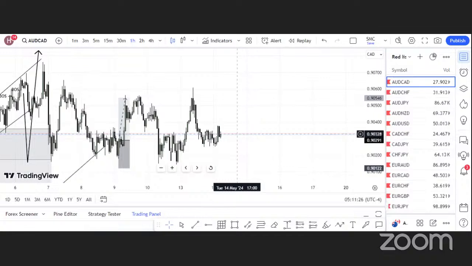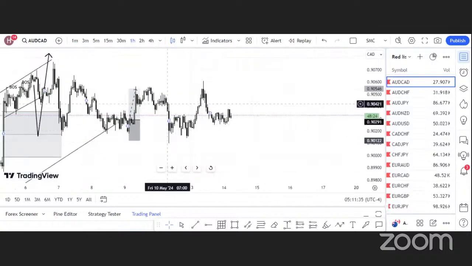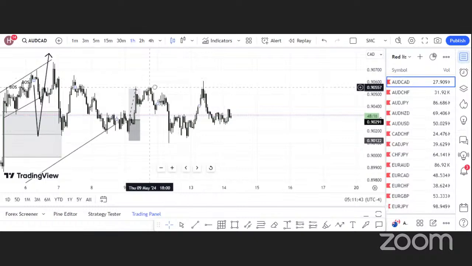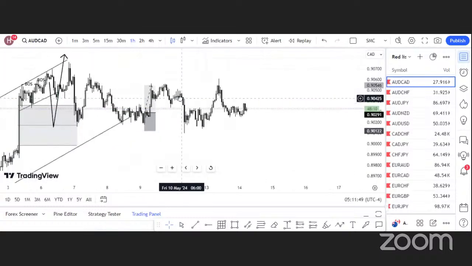The status of the naira right now is depreciating, and it is making the dollar appreciate in the currency world.